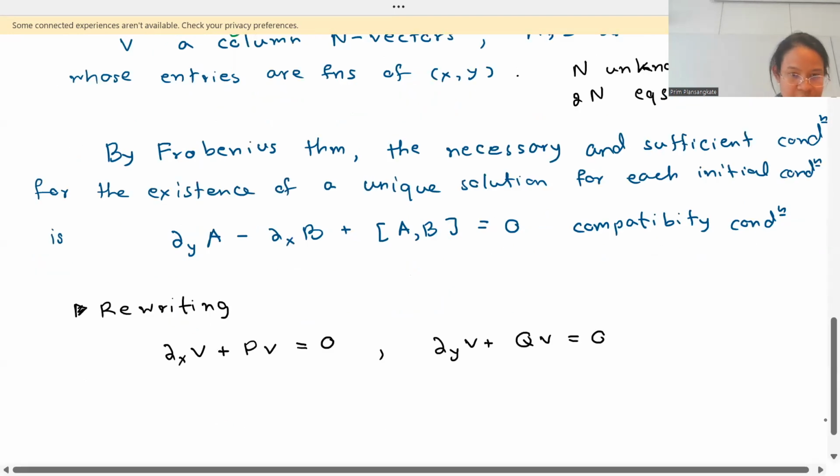I do this because we can then look at this as a differential operator acting on V. Let me say D subscript X, V, where D_X is this differential operator.